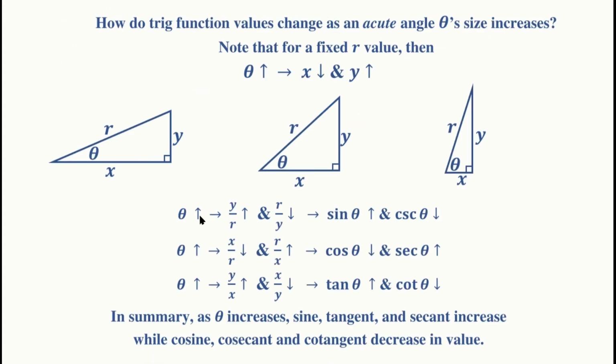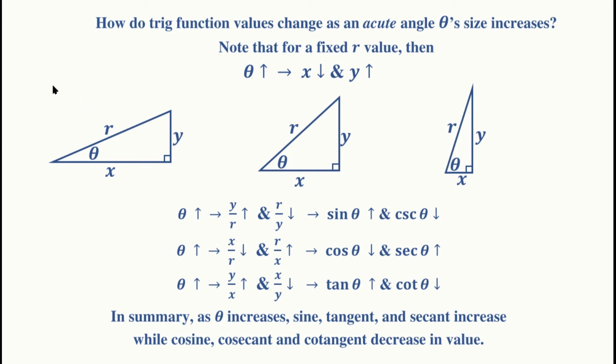So as theta increases in size, remember, all the while r is fixed, then the sine, which is y over r, increases, and the cosecant, which is r over y, decreases. Okay, that's what we're talking about here. Sine increases, cosecant decreases as theta values increase, and of course this is all between 0 and 90 degrees, right?